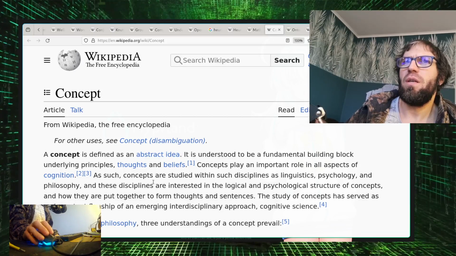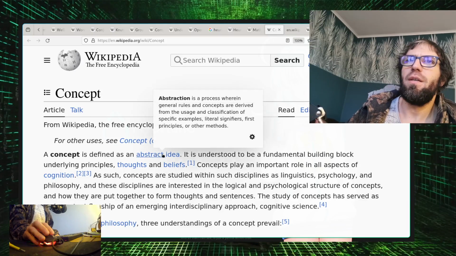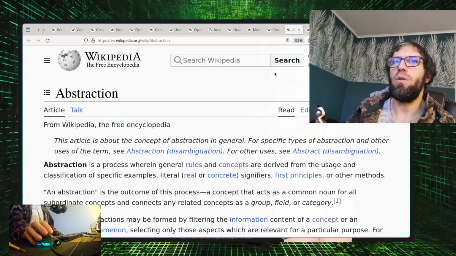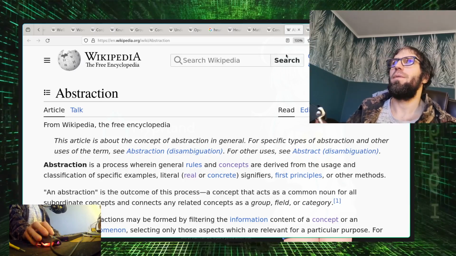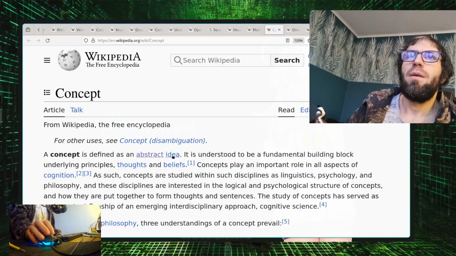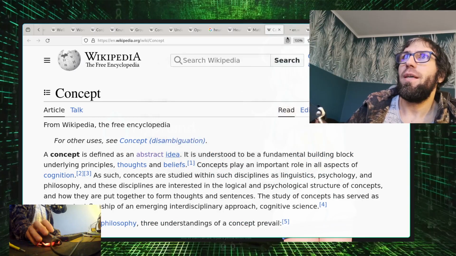So let's start from abstract idea. Abstract, just abstract. Now of course we know what is abstraction, where we remove the details and we have the abstraction. And what is idea?